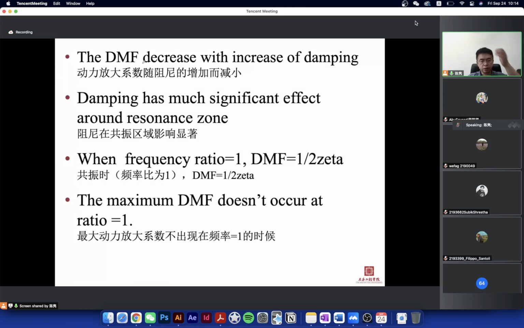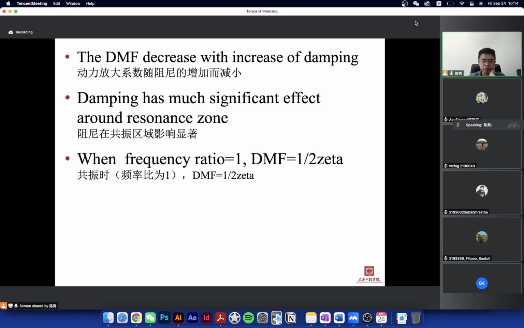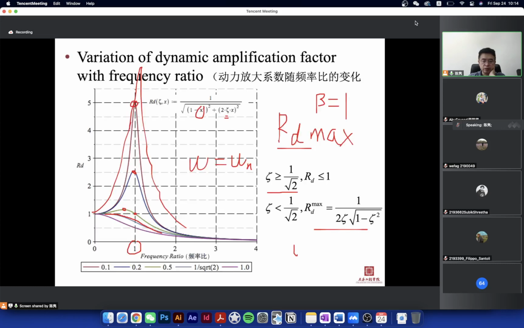So one is that the factor decreases with the increase of damping, and the damping has a much more significant effect around the resonance zone. This is also a very important observation.